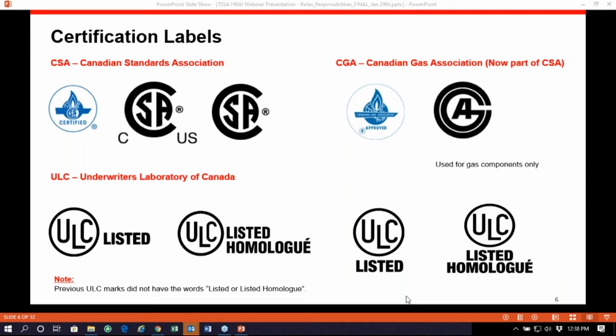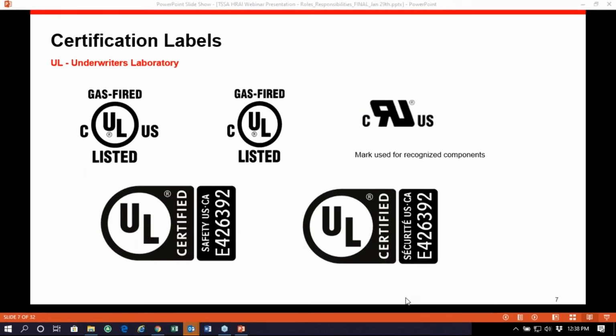ULC listed, and you would also run into those. And then for gas fired, you'll see UL listed there for Canada and US, and the various symbols that UL will use in their particular certification work.